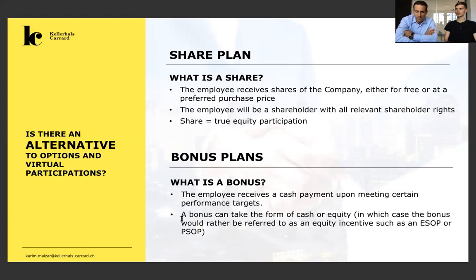We'll cover this also a bit more in detail in a moment, but this is the main reason why the grant of shares is not so much used in Switzerland. If you grant options instead, then people are not taxed right away, which obviously is more beneficial for most of them because many of them don't want to pay taxes on something of which they don't know whether it's ever going to materialize in terms of value.